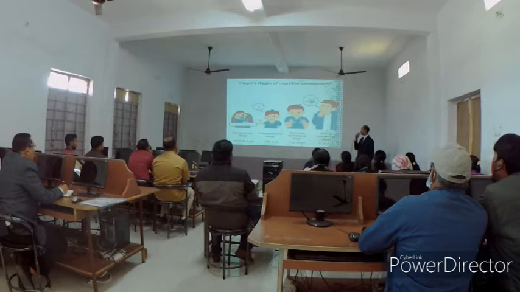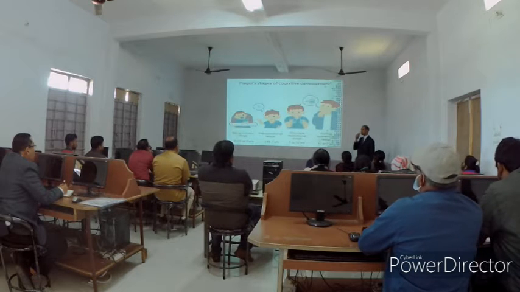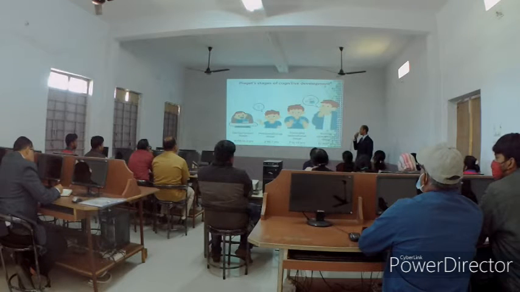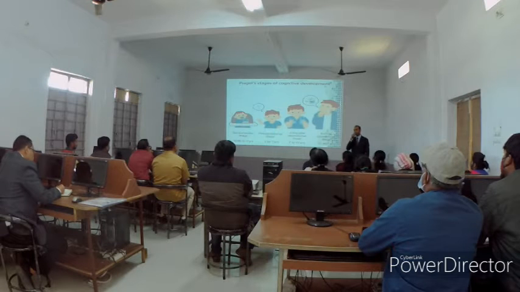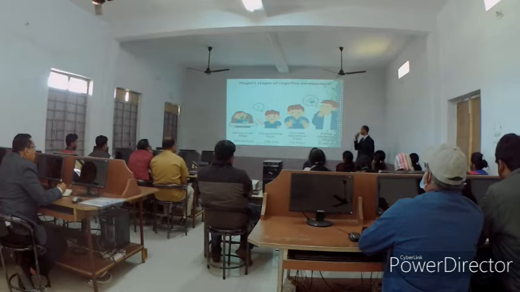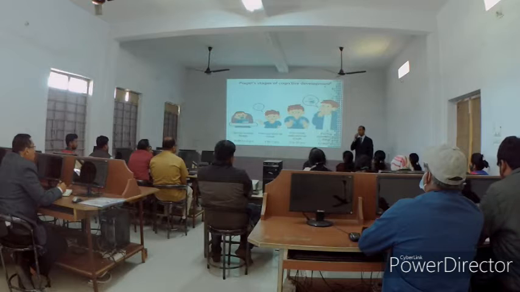And this is very important for all. This is Jean Piaget's learning stages. You can learn these stages as SPCF: sensory motor, pre-operational, concrete operational and formal operational. How does a child start learning?